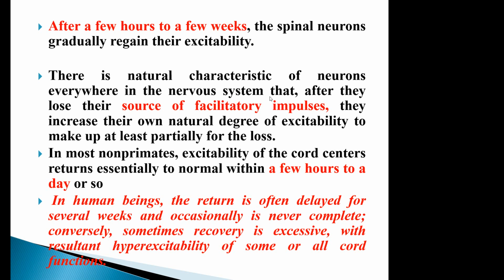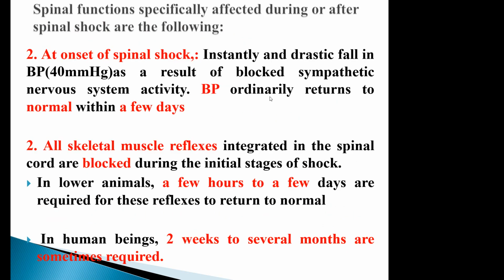In most non-primates, excitability of the cord centers returns essentially to normal within a few hours to a day or so. In human beings, the return is often delayed for several weeks and occasionally is never complete. Conversely, sometimes recovery is excessive, resulting in hyperexcitability of some or all of the cord functions.